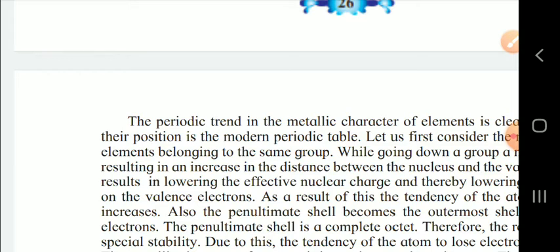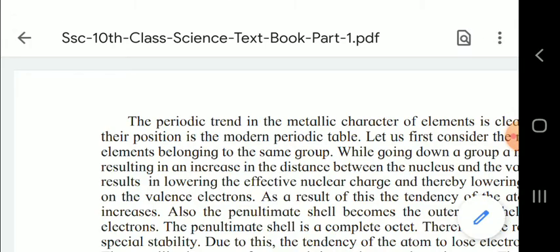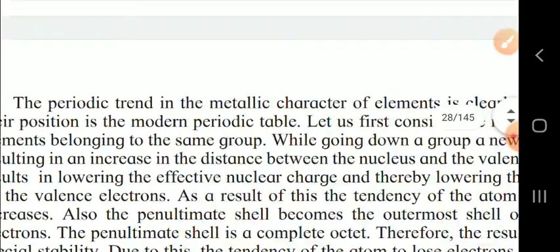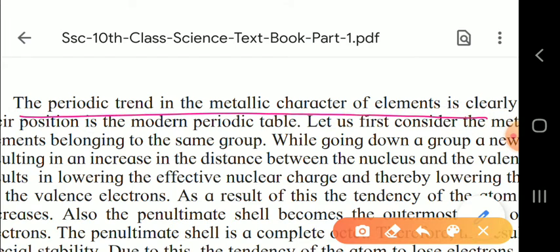The periodic trend in the metallic character of elements can be clearly understood with the help of their position in the modern periodic table. So let us consider the metallic character of the elements belonging to the same group. While going down a group, a new shell gets added.